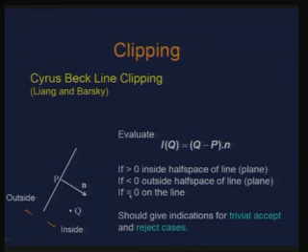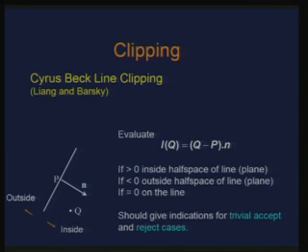Now, if you recall the way we were trying to design this trivial rejection and trivial acceptance, similarly in the case of Cohen-Sutherland, we can look at certain indications for trivial acceptance and trivial rejection from here.